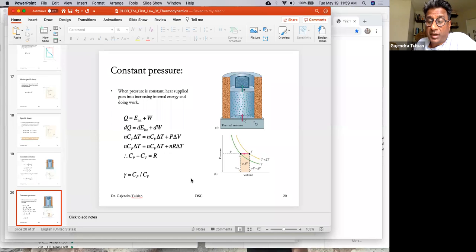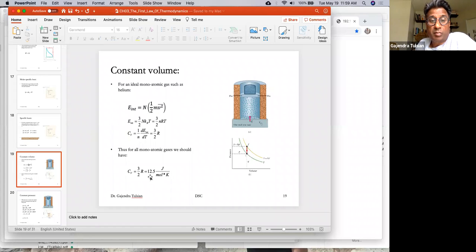So all the noble gases are ideal, they're monoatomic. So this is our calculation, 12.5 joules per mole per Kelvin. What this number says is, to heat 1 mole of helium, you need 12.5 joules per degree Kelvin, or per degree Celsius.